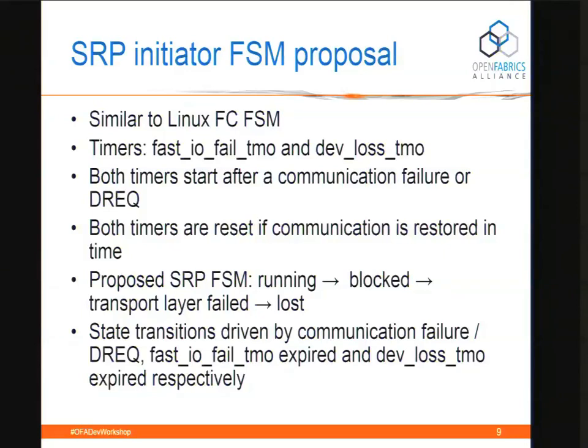If the fast_io_fail timer fires, the transport layer state is changed to failed. And if sometime later communication is still not restored and the dev_loss timer fires, then invoke SCSI remove host. So this is how the Fibre Channel initiator driver works today in Linux.